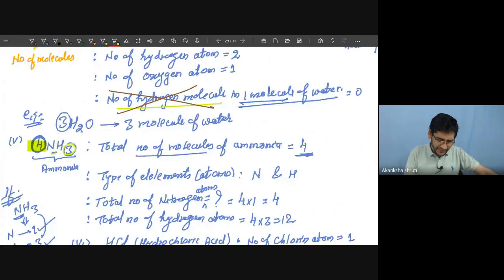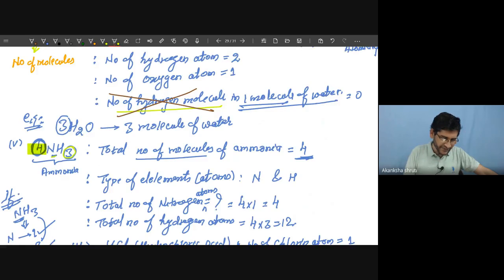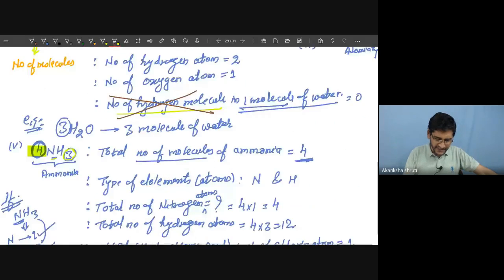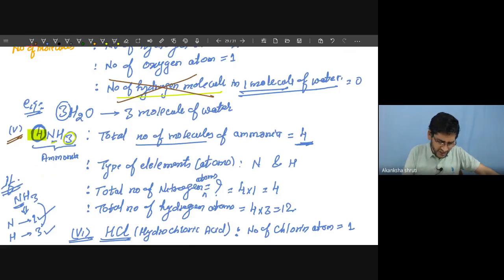Another case is when a multiplication factor is written before a molecule itself. Here the multiplication factor for H2O was nothing, meaning it was 1. But if we consider NH3 as ammonia, the factor 4 is written before it. So this 4 is important because it represents the increase in molecules. When the number of molecules is increased, the number of atoms will also increase accordingly. So this represents 4 ammonia molecules.